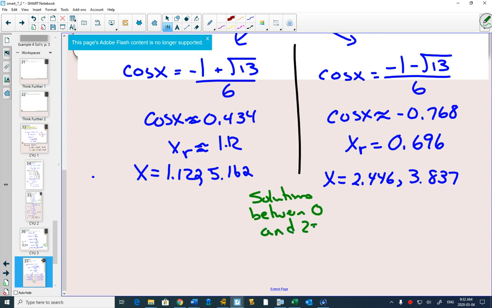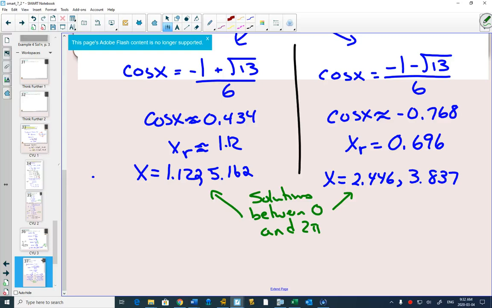I like to make this note that these are solutions between 0 and 2 pi. If this was what the question asked, I'd be fine and I'd be done. But by making that note, I'm reminding myself to go back and check the domain. Oh, and their domain is between negative pi and pi.